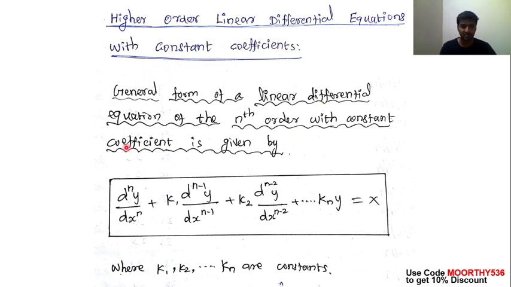The general form of the linear differential equation is d^n y divided by dx^n plus k1 into d^(n-1) y divided by dx^(n-1) plus k2 into d^(n-2) y divided by dx^(n-2), and so on up to kn into y is equal to X. Here k1, k2, k3 are constants. These are called constant coefficients.